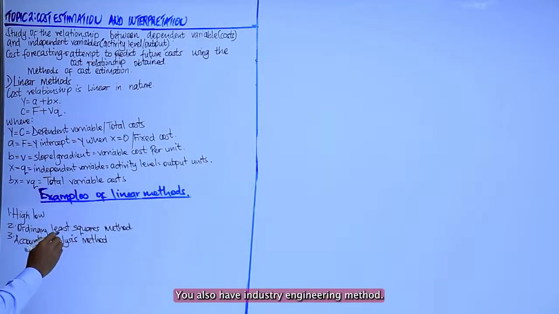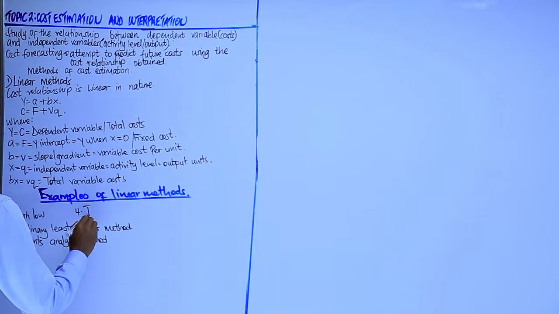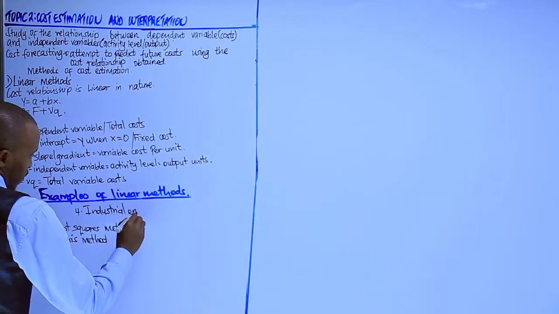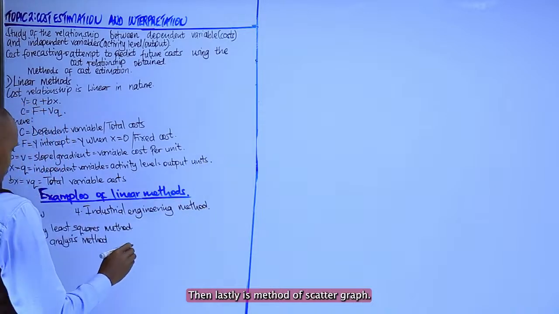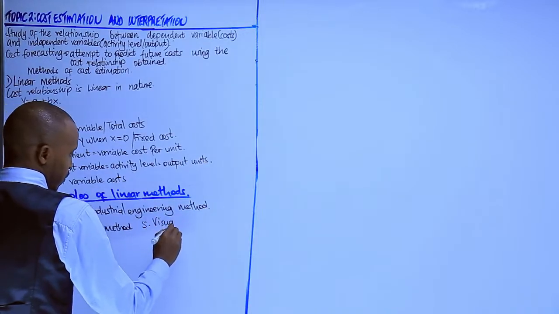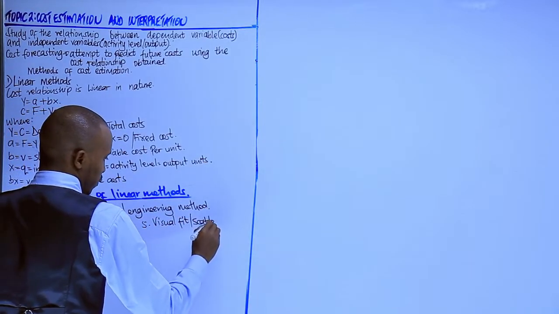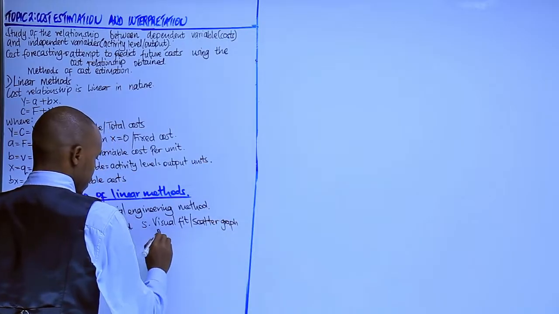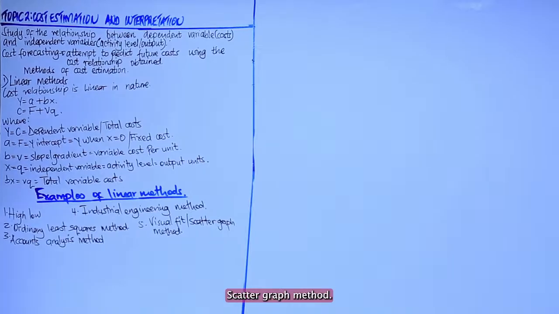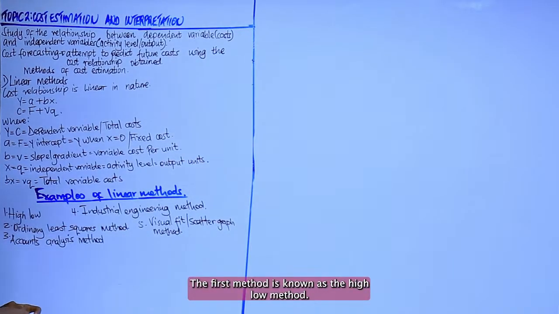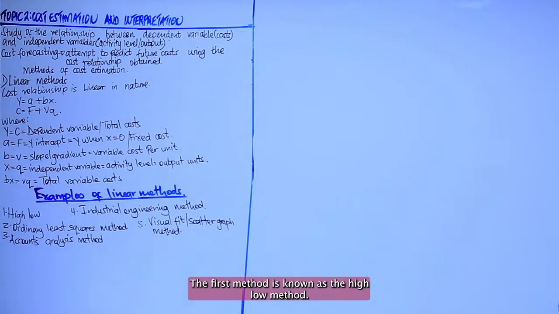We also have the industrial engineering method. Then lastly is the scatter graph method. So let's start with the first method, known as the high-low method.